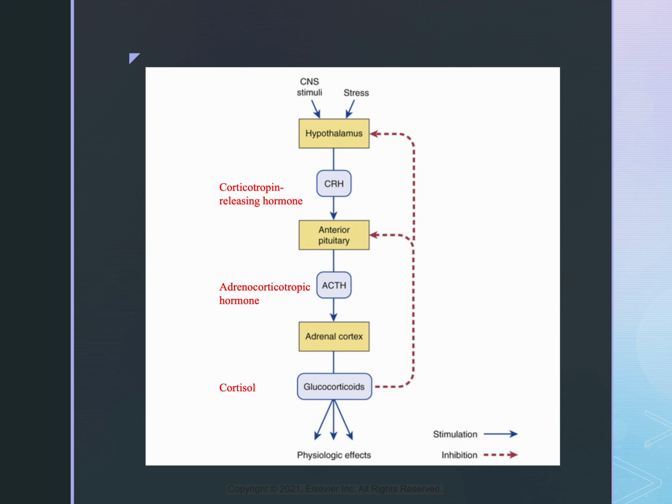When glucocorticoids are given in chronic and large doses, this feedback loop is going to continually be suppressed. We're going to see in one of the last slides of this lecture how that persistent suppression can be dangerous to our patient.